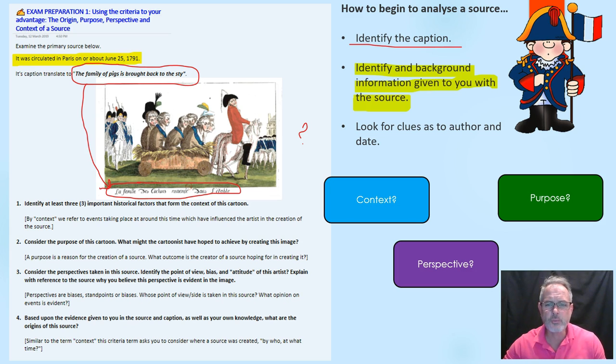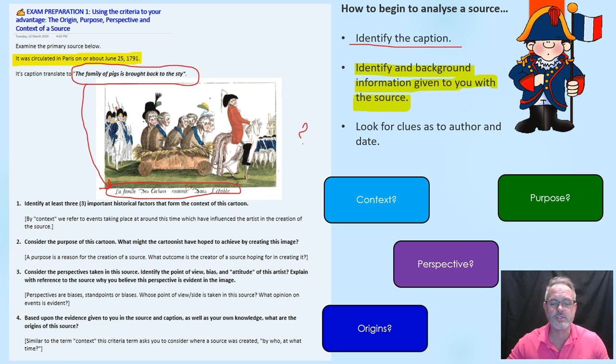What perspectives come through, what biases, what tendencies, what attitudes are being conveyed? What is it that is being revealed by this source about the author's attitude to the events? And what are the origins of it? A little bit like looking for the author and the date, giving you some sense of who's creating it and why.